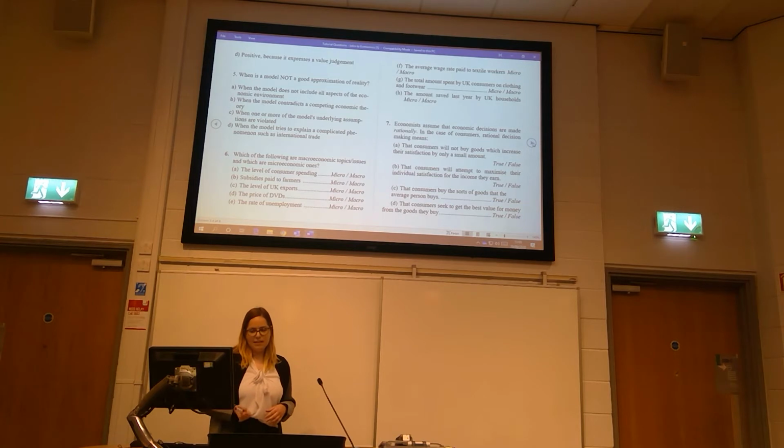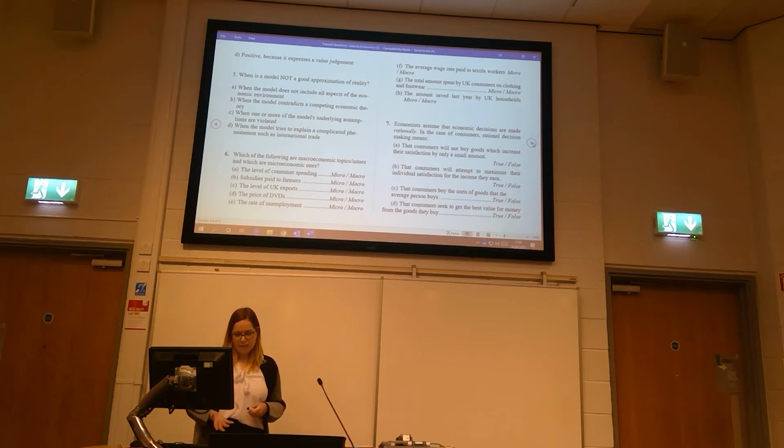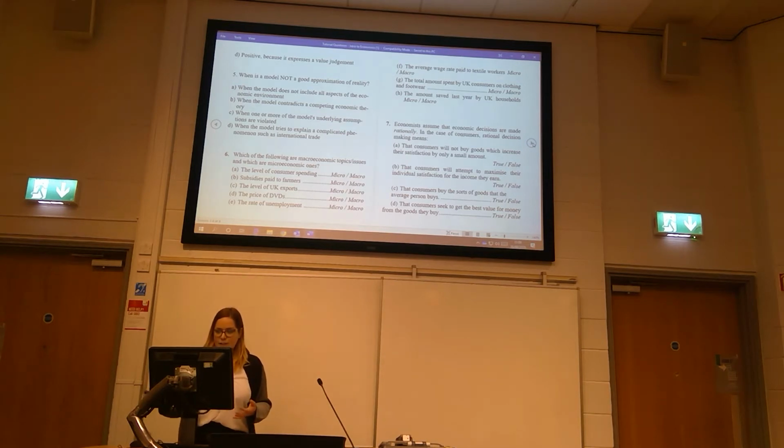The price of DVDs is very specific, covering a specific market, the market for DVDs, and that is microeconomics. The rate of unemployment is the rate at the national level, hence macroeconomics. The average wage paid to textile workers is covering a specific sector, the textile industry, hence it is microeconomics.